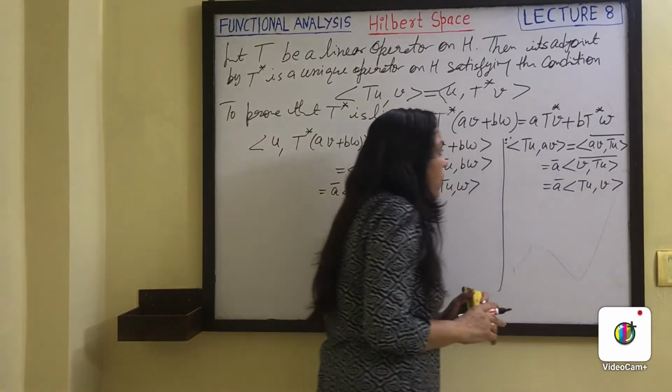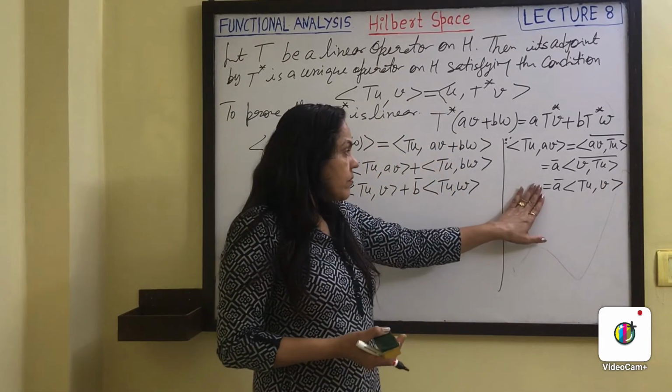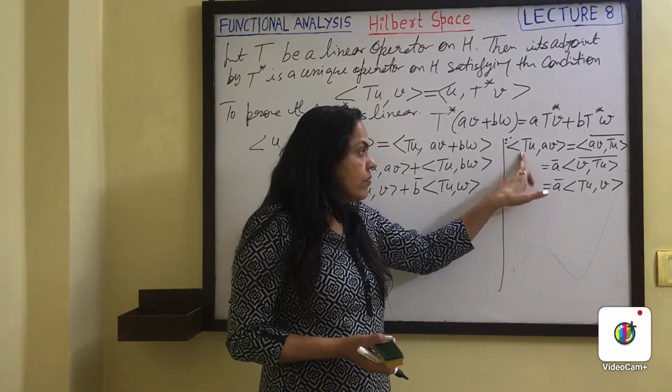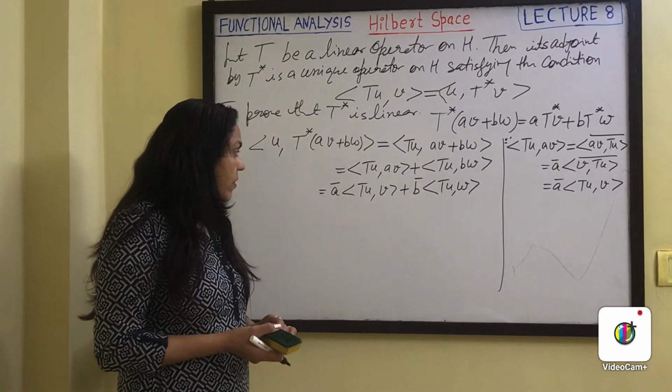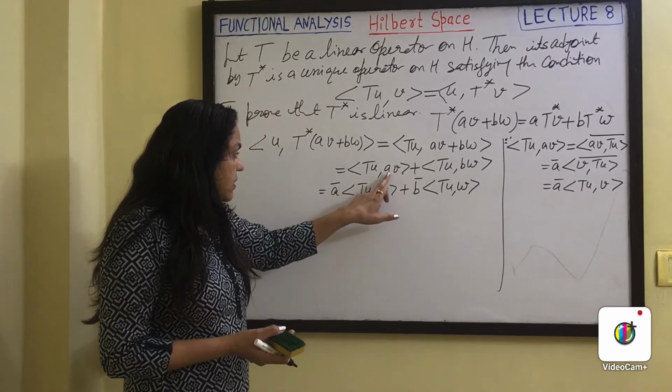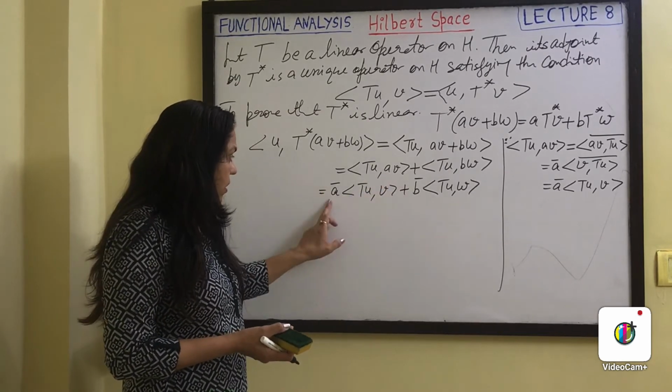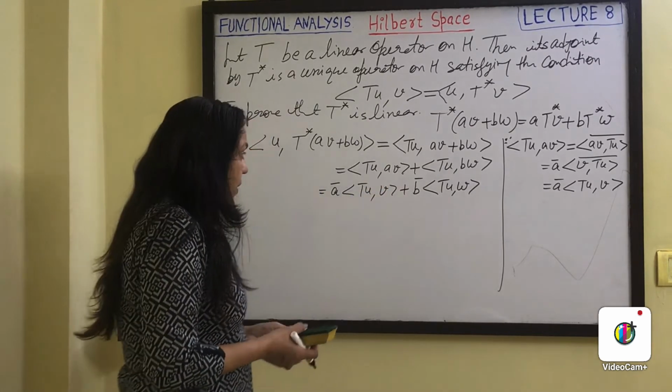So we are using the property of conjugacy over here, right? The scalar a comes out as a bar.